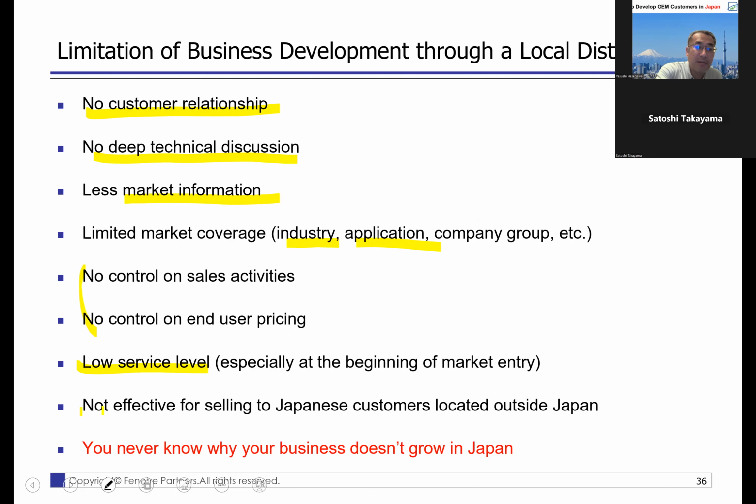And this way is not effective for selling your products to Japanese companies outside Japan, because it's none of their business for local distributors. And the biggest problem is you never know the reason in the case your business doesn't grow in Japan.